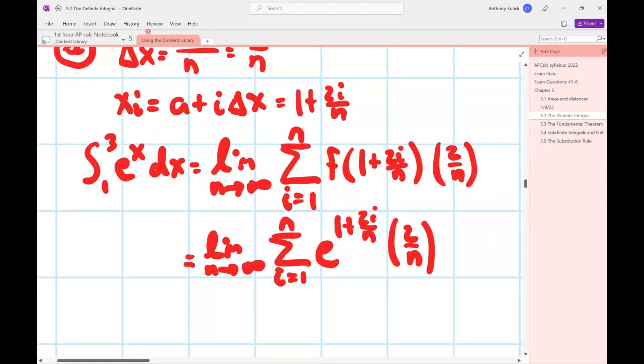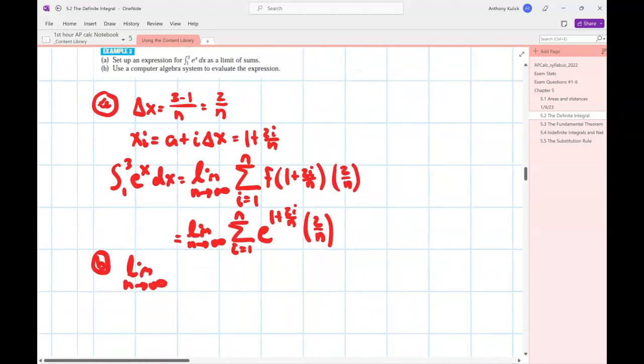So part B says then to evaluate the limit. So I'm going to do a little bit of rearranging here.